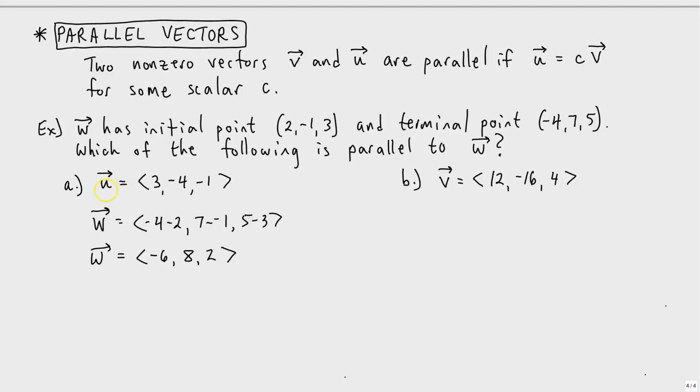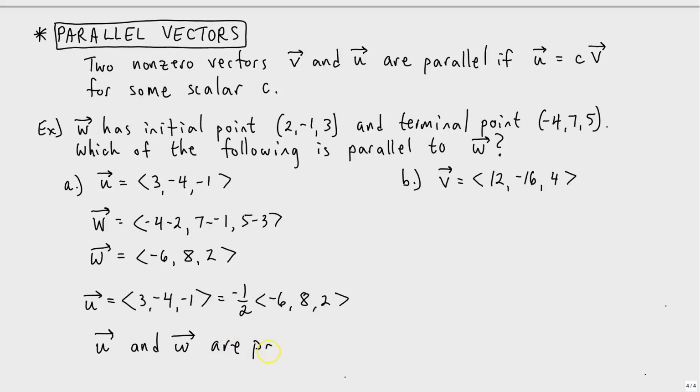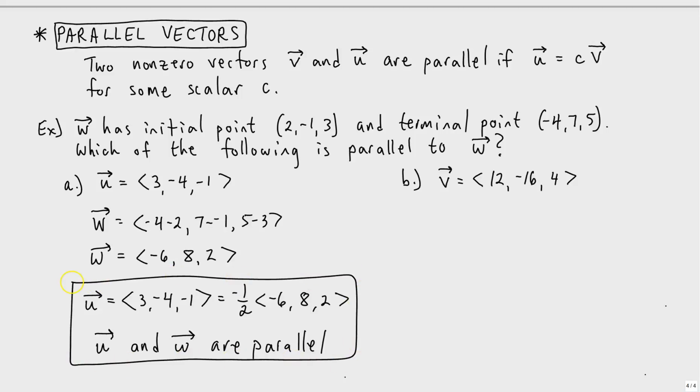Well, vector u, which is 3, negative 4, negative 1, is simply vector w multiplied by negative 1/2, because that would be positive 3, negative 4, and negative 1. So vector u and vector w are parallel, because one is a scalar multiple of the other.